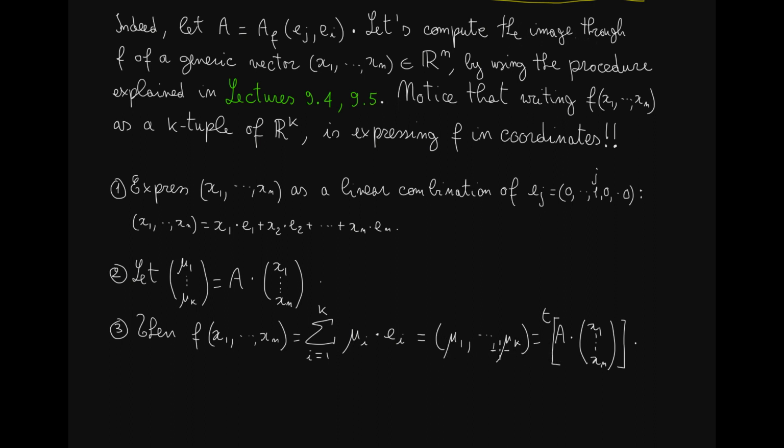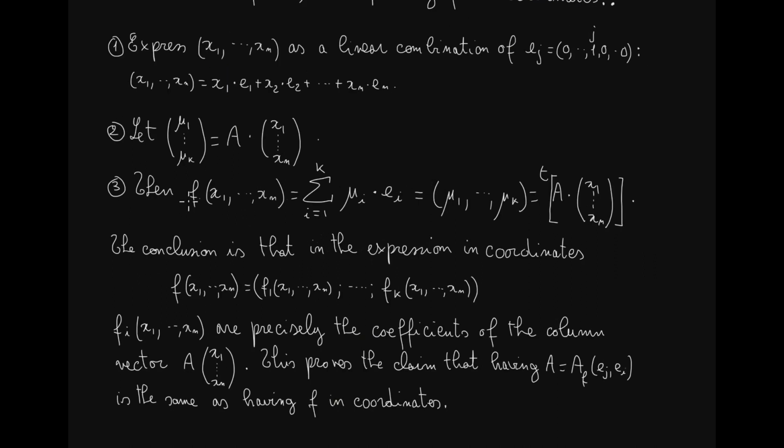And in particular, from the equality in step 2, we see that this is just a transpose of this vector. The conclusion is that in the expression in coordinates, fi's are precisely the coefficients of the column vector a multiplied on the right by the column vector x1 through xn.